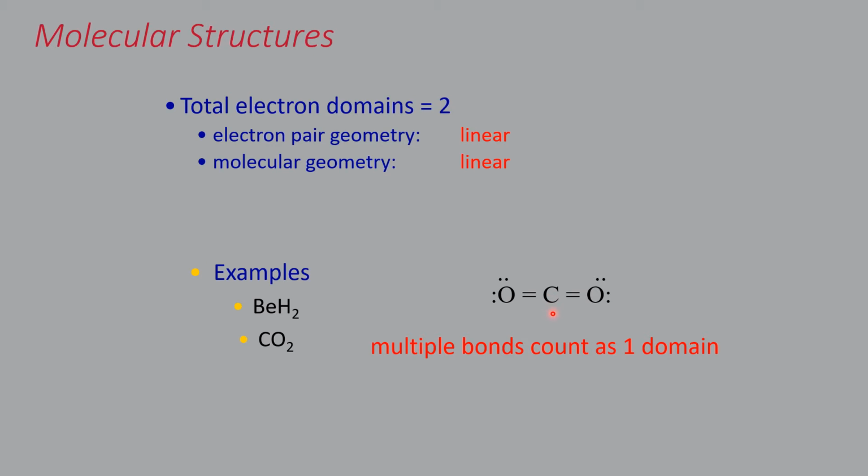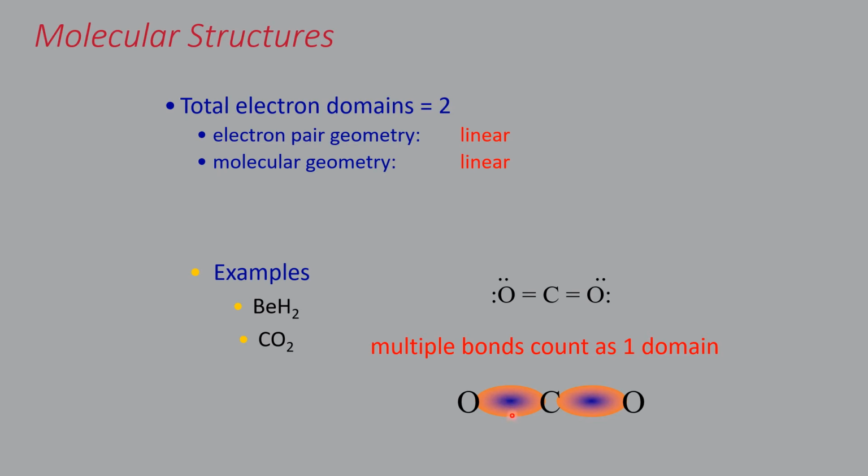It turns out that when you've got double bonds like this, it's not really two distinct sets of electron density, like one up here and one down there. They're kind of all blobbed together. It's just that instead of 2 electrons in that space in between the atoms, now there's 4. So it looks something like this. Essentially they count as just one domain, not 2, and triple bonds don't count as 3.